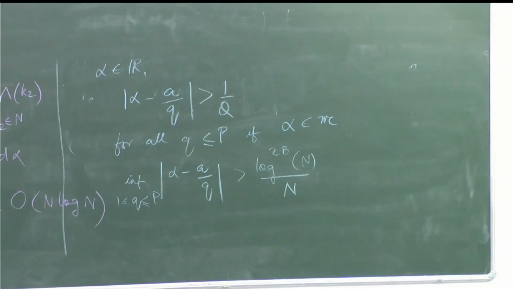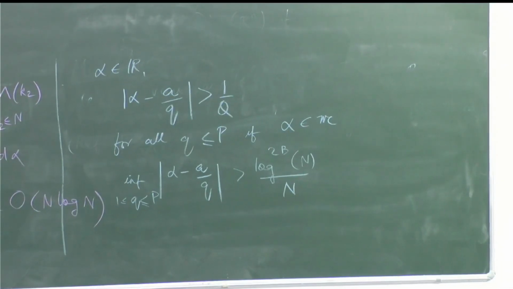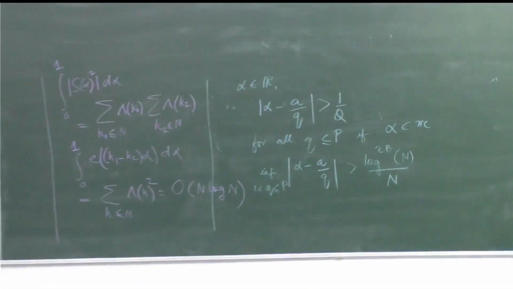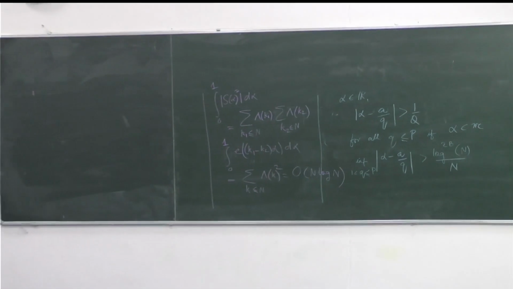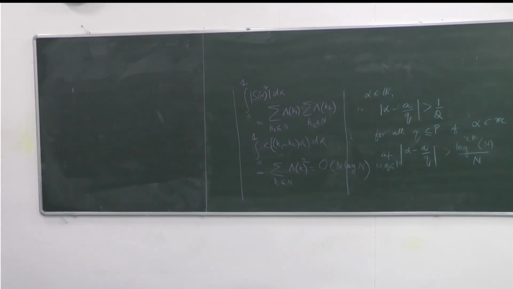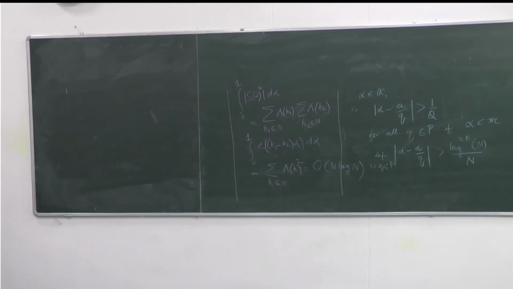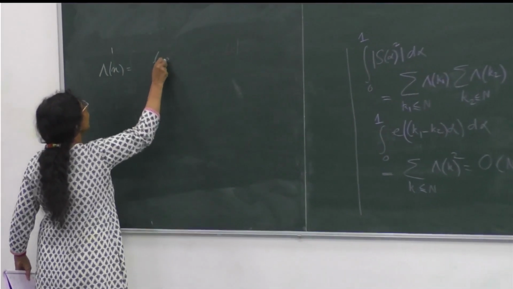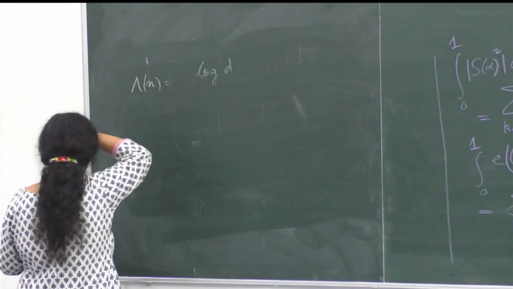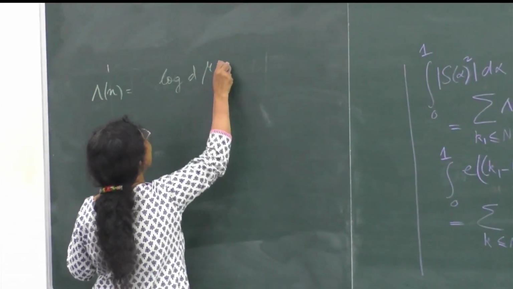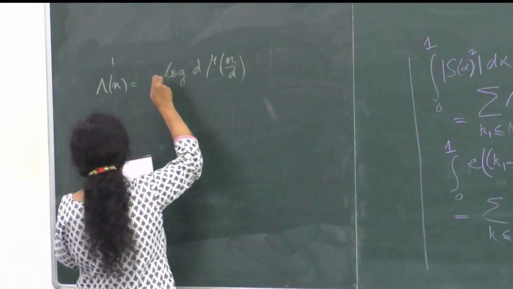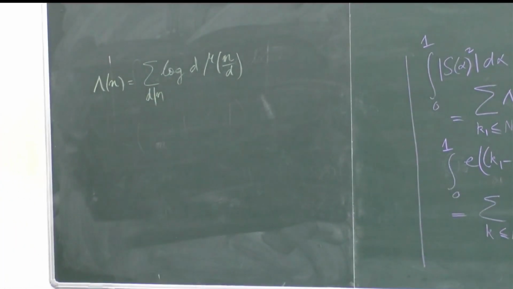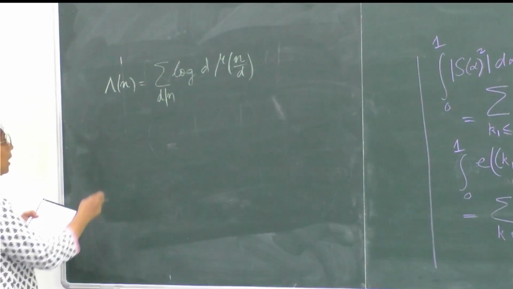Therefore, lambda n is the sum of log d mu n by d, because of the convolution, and mu.